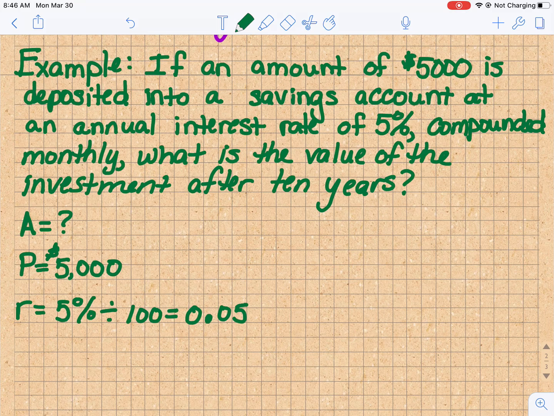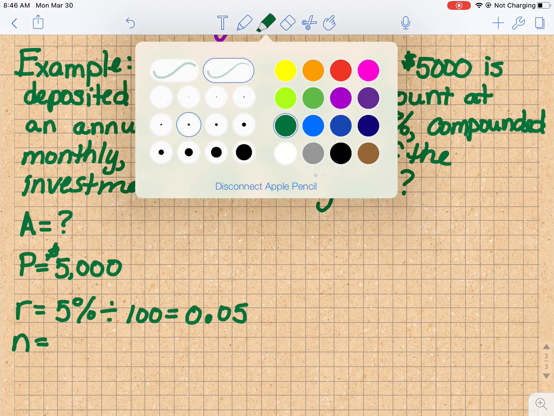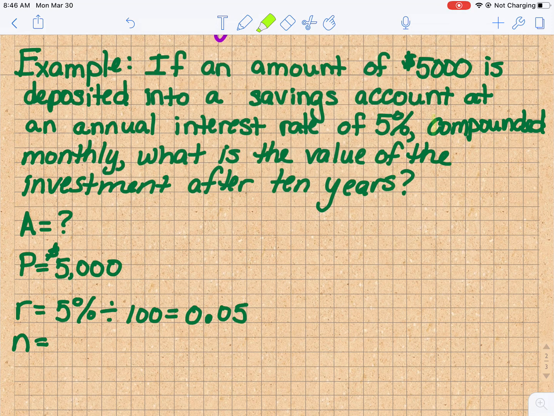The next thing we have to figure out is the N. And that's when we have to figure out how many times in a year this is going to be compounded. And we can find that up in the problem where it says compounded monthly. If it's compounded monthly, our N is going to be 12. Okay? And then we have to find out how many years we are leaving this money in the account. And in this case, it's 10 years.